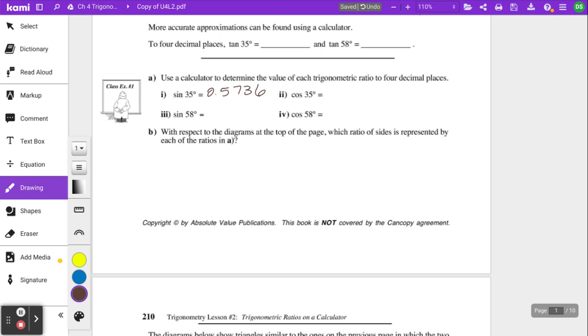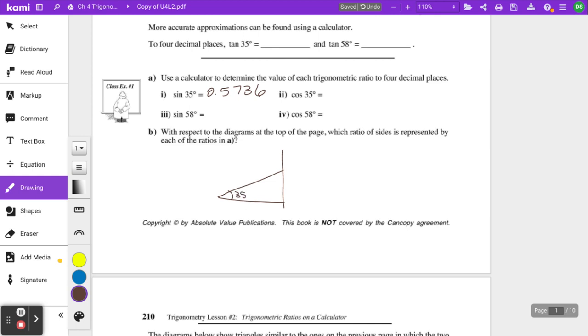Okay, so what this means right here, everybody watch. When you have 35 degrees, so let's say it'd be like that, right? 35 degrees about.